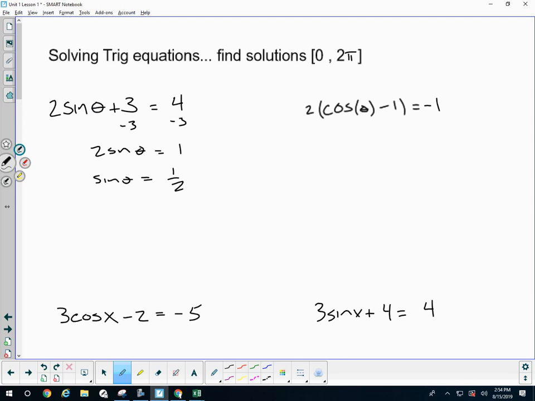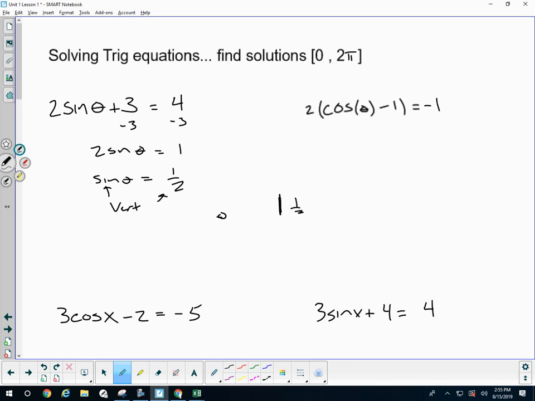Now, I need to use my unit circle knowledge to figure out when is sine of an angle going to give me a value of 1/2. This is what I do. I first think, okay, sine, vertical. Vertical side length of 1/2. I'm thinking about creating a triangle with an angle where the vertical side length is 1/2.